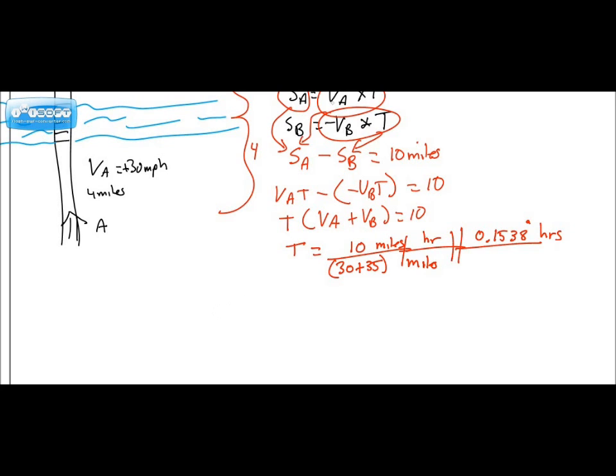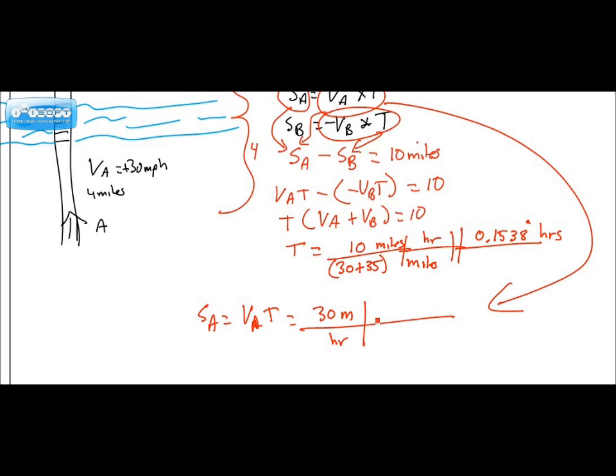Let's go back up and look at train A. SA equals VA times T, which is equal to 30 miles per hour times 0.1538 hours. That equals 4.61538 miles. Please forgive my arrow.